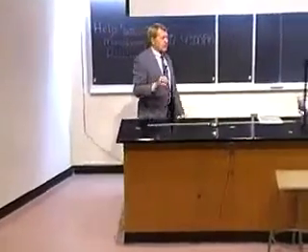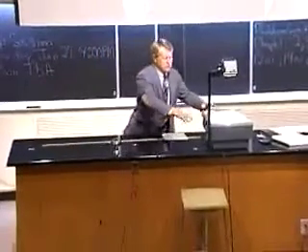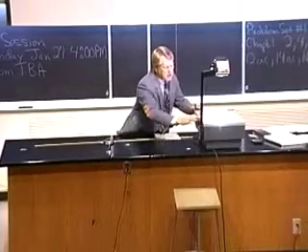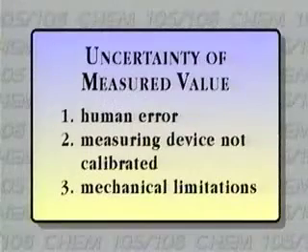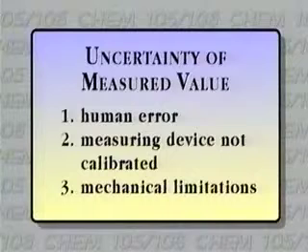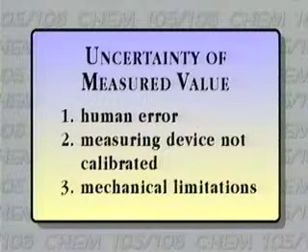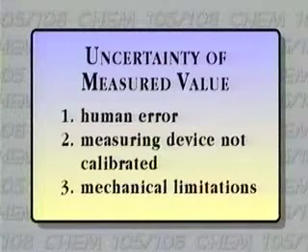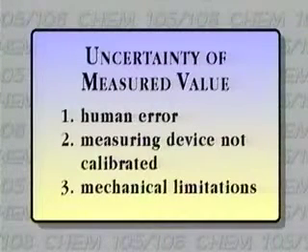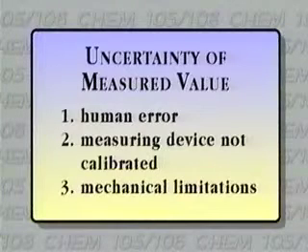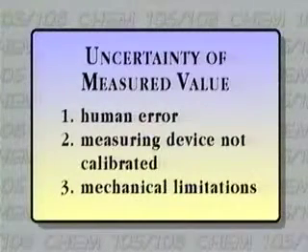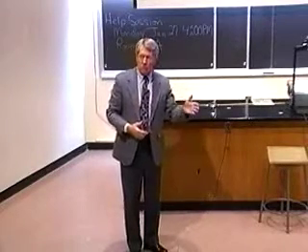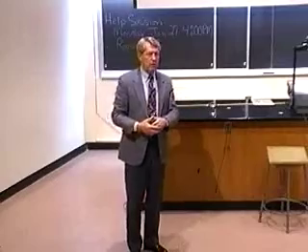And we indicated that the reason there were some limitations to what we can record as far as data is because of such things as human error, also the measuring device calibration, and also the mechanical limitation of the measuring device itself. And we looked at a centigram balance and indicated that the best we could record a mass would be to the nearest hundredth of a gram, 0.01.